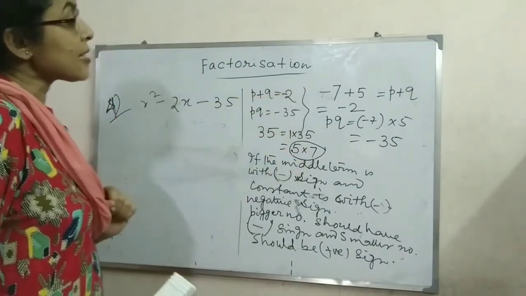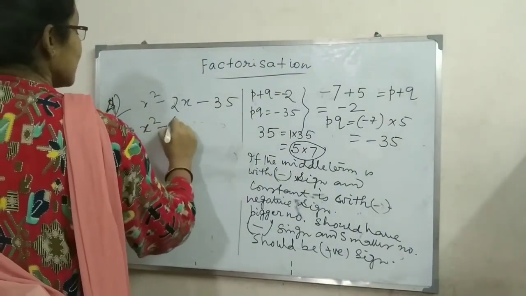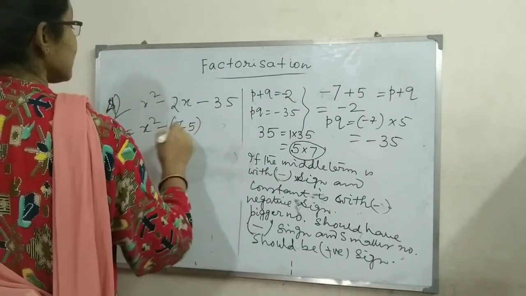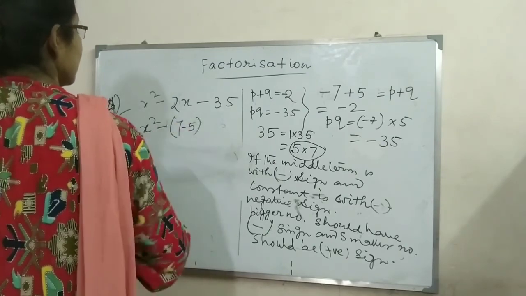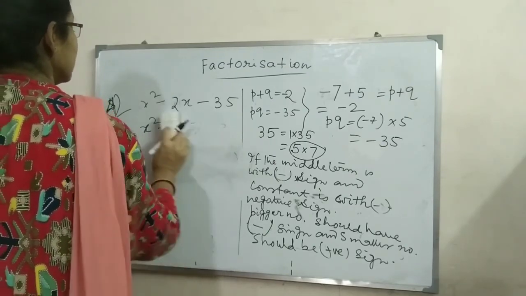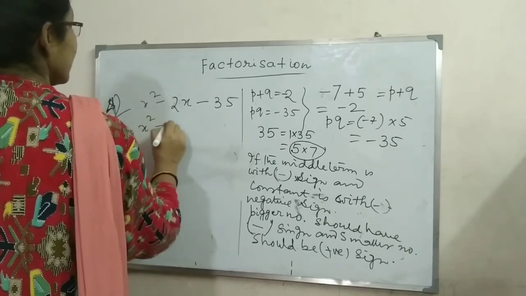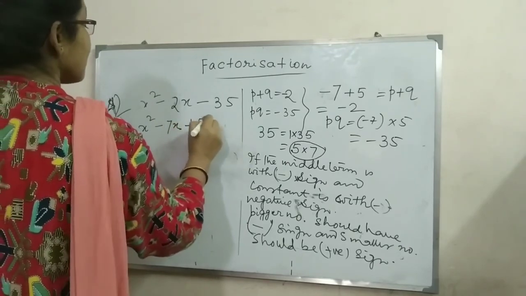Two conditions are satisfied, so I can write it this way: x square minus 7x plus 5x minus 35.